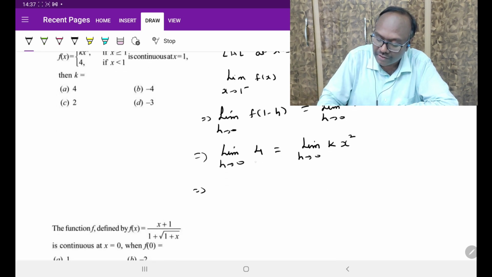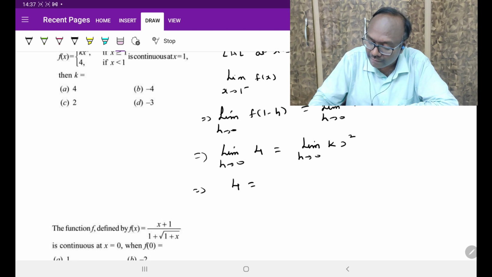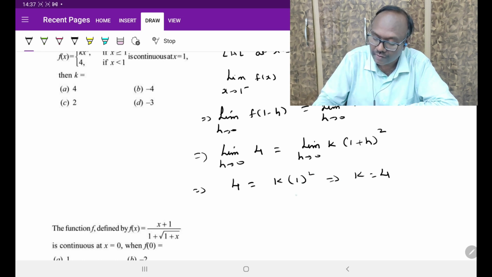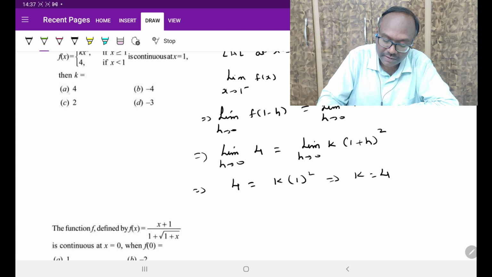So limit of a constant is constant, so it is 4 equal to, on putting x as 1 plus h, k into 1 plus h whole square. So this will be k into 1 square. This implies k is equal to 4. So the right option is option A.